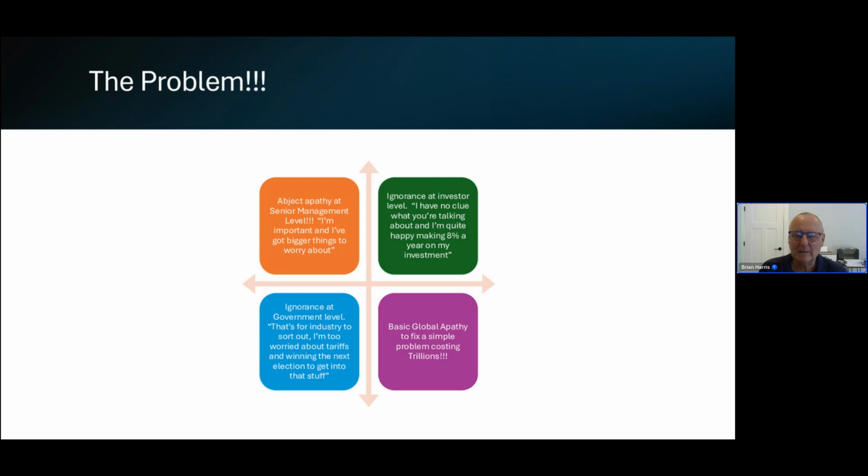So the other one is, I said ignorance at government level. Well, apart from the UK government asking Professor Peter Yost to do an investigation into this in 1966, I really haven't seen anything since. I think China did a study in Germany, and that was many decades ago, but nothing since. So governments don't get involved in maintenance of plants.